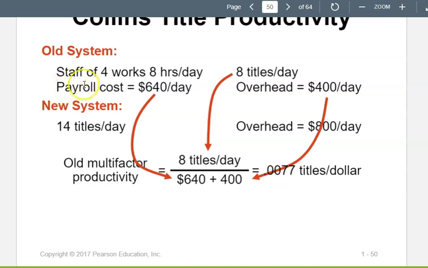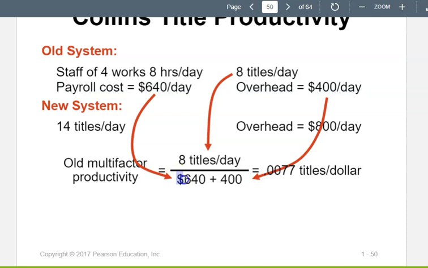Okay, so in this case, we have $640 per day that we have to pay to our staff. That's the payroll cost per day, with the overhead of $400 per day. So if we want to consider these two costs, these are the dollar amounts that we have as factors to consider as a multifactor.